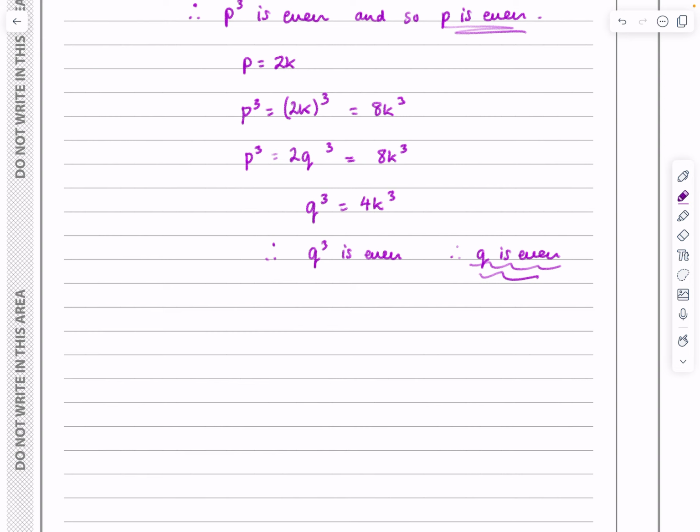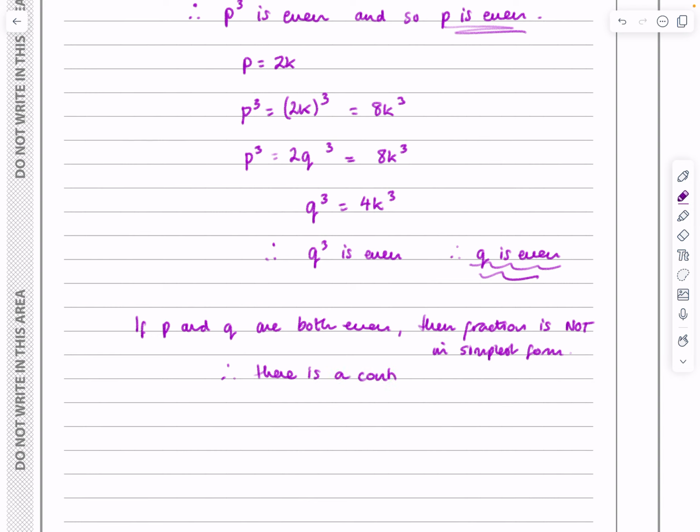So if p and q are both even, then the fraction is not in simplest form. So that means there's a contradiction, so I'm going to make this really clear. Therefore, there is a contradiction.